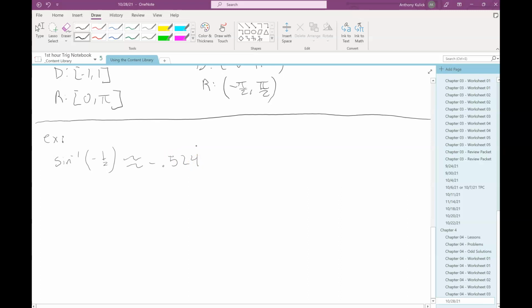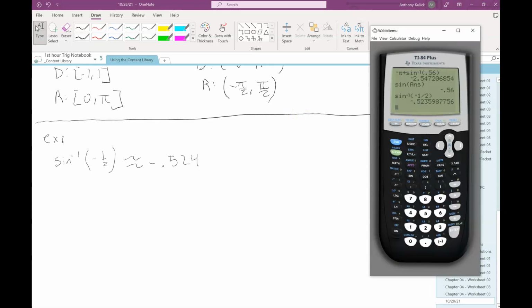So if you have your calculator with you and you want to try that out on your own, you're welcome to do that. I just typed it into my calculator exactly as it looked on my sheet of paper. The sine inverse command is second, and then the sine button.